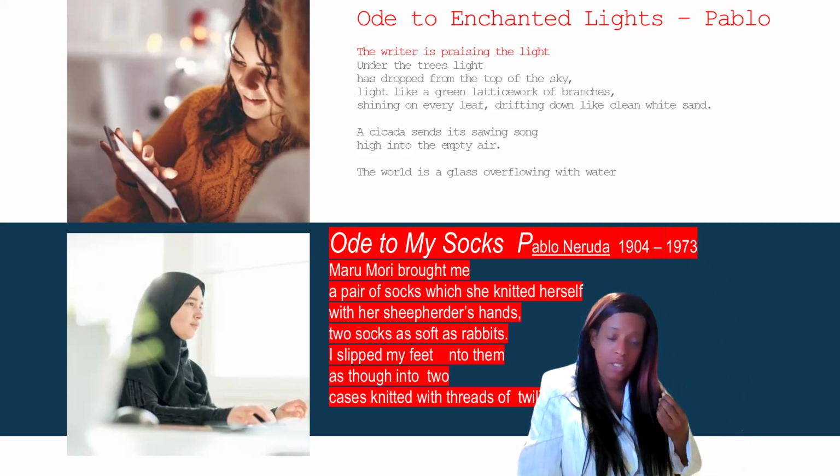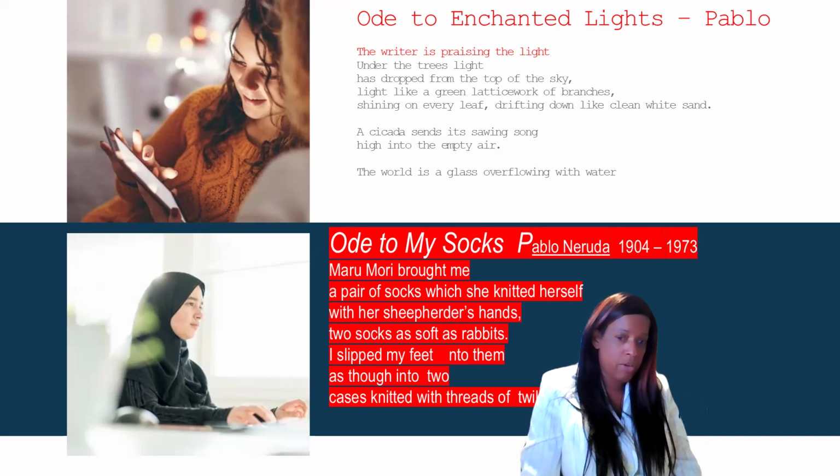And when you have this thing that you're giving praises to, it could be anything. In both poems you're looking at, the first one is to what? The enchanted lights. The other one is to the sock. So when you write your ode, you can write your ode to anything.